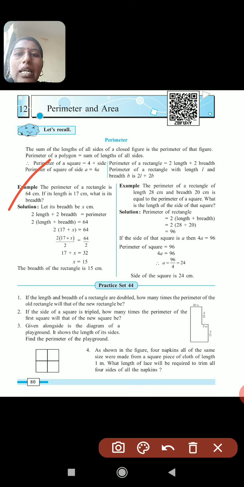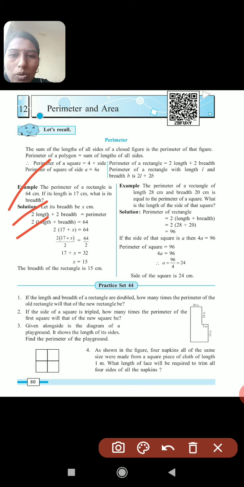The perimeter of a rectangle is 64 centimeter. Here the perimeter is given and the length is 17 centimeter. What is its breadth? Let the breadth be x. You know the formula 2(L plus B) is equal to the perimeter. So here, 2 into bracket 17 plus x is equal to 64.